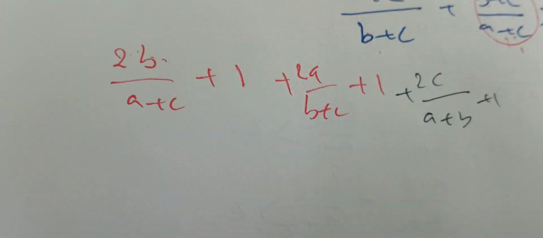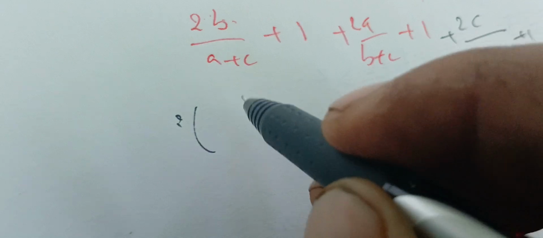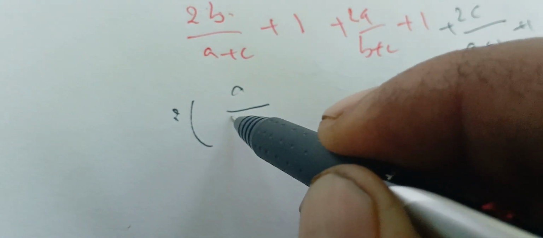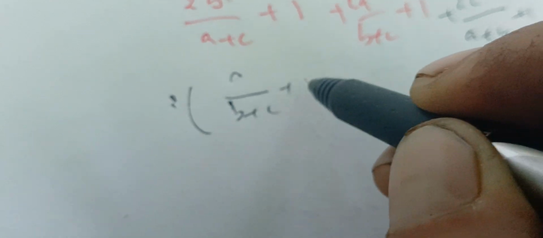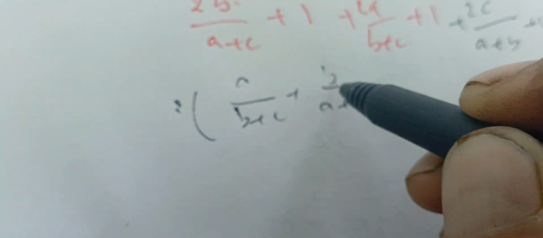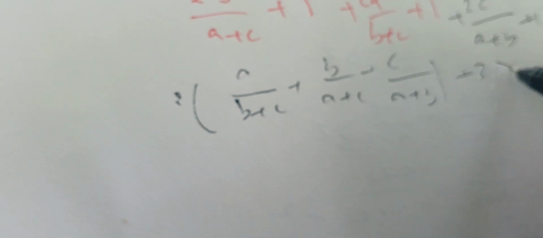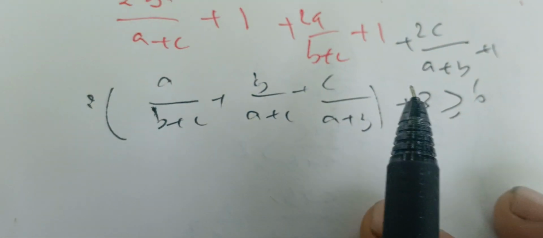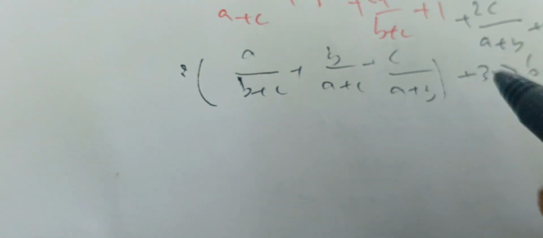Okay. So this one, I'll take this one here. I factor by 2. I'm going to have a over b plus c plus b over a plus c plus c over a plus b plus 3 is bigger than 6. Okay, so I add minus 3 to both sides and divide by 2.